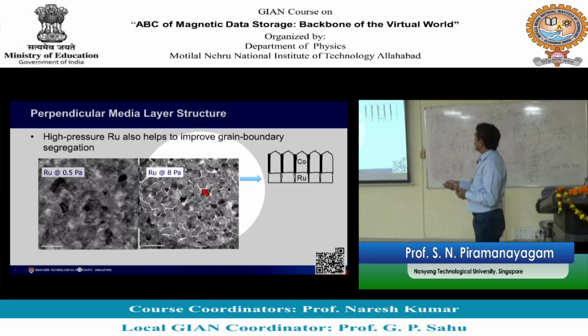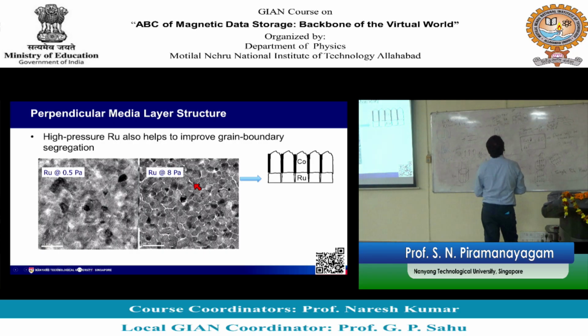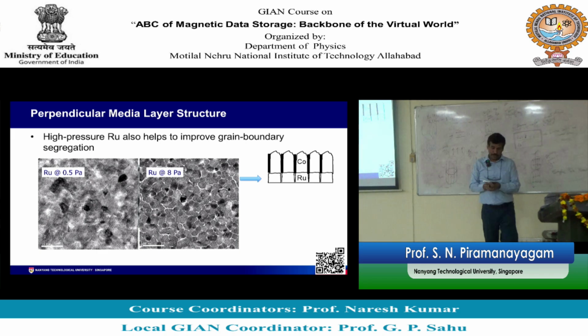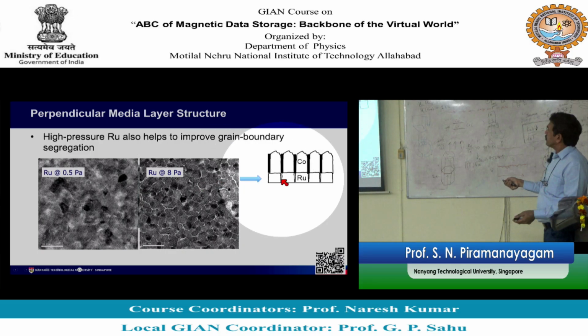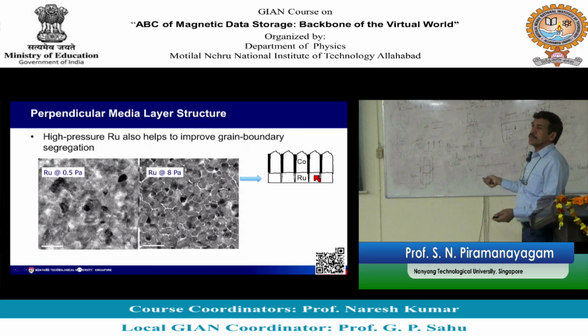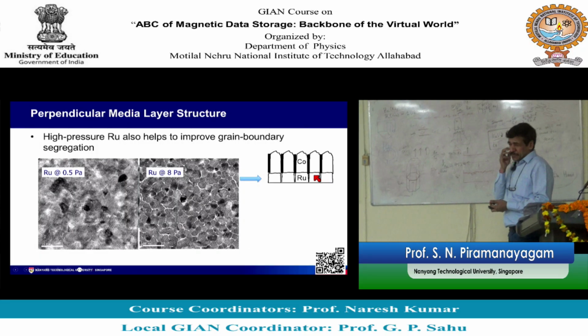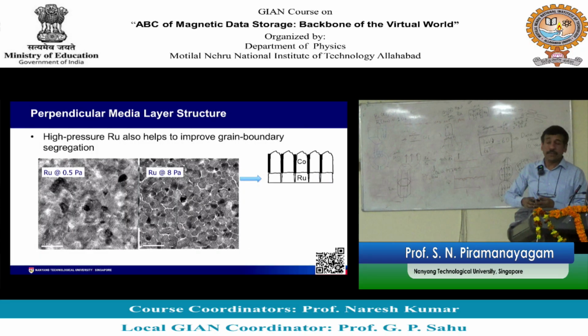These are all empty space. So when you grow ruthenium at high pressure, the rutheniums are separated from each other, so there is some empty space. This is one concept we employ.